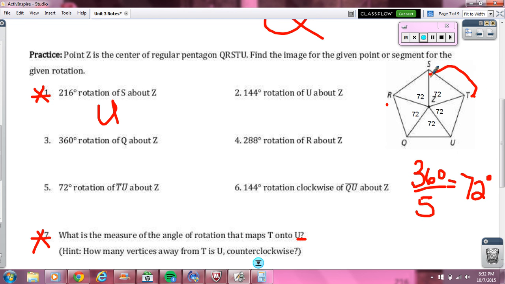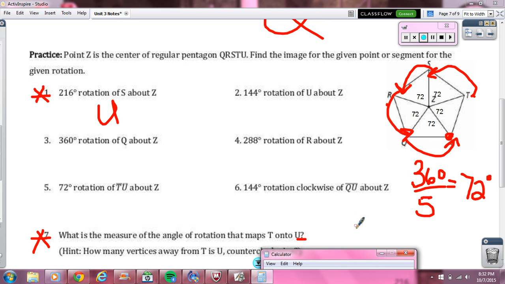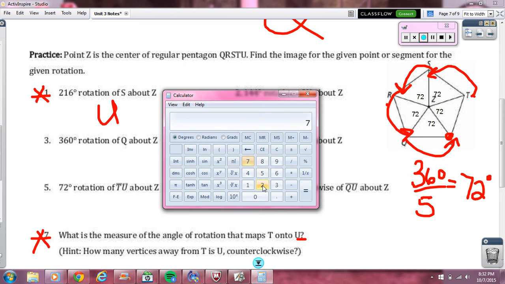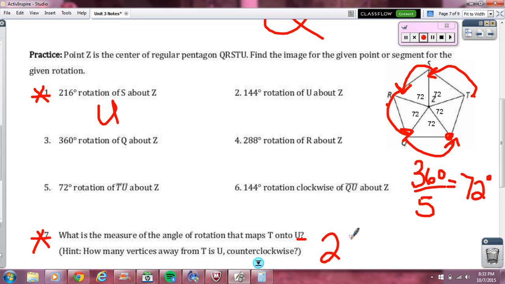I'm going 72, another 72, another 72, another 72, and then I end up at point U. So I went 4 72s. 72 times 4 is 288 degrees to get from T to U. That would be my angle of rotation. We're going to answer a lot more problems like these two when we come to class, so be ready with any questions you have.